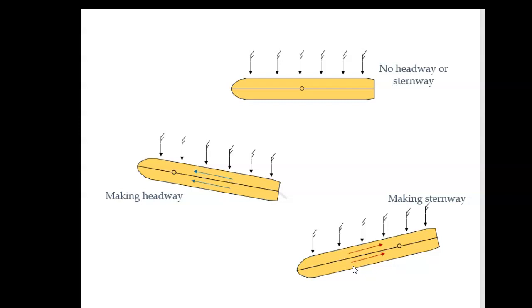And so we got this wind speed of 15 knots, and it is blowing directly on the side of the ship. The first case, no headway or sternway, we've got equal leverage, equal force forward and after the pivot point, so we would have lateral motion. This one, we would have longitudinal motion because the vessel is moving ahead.